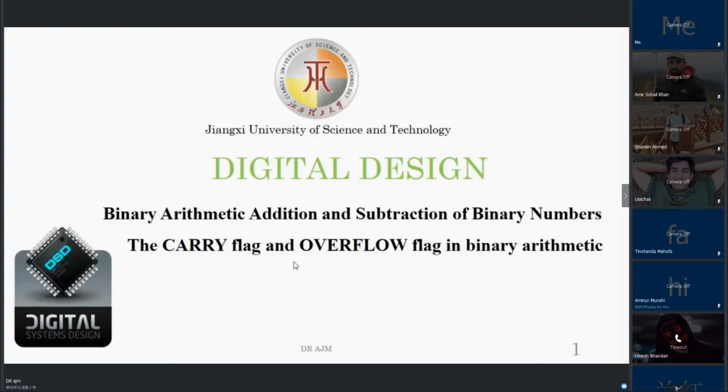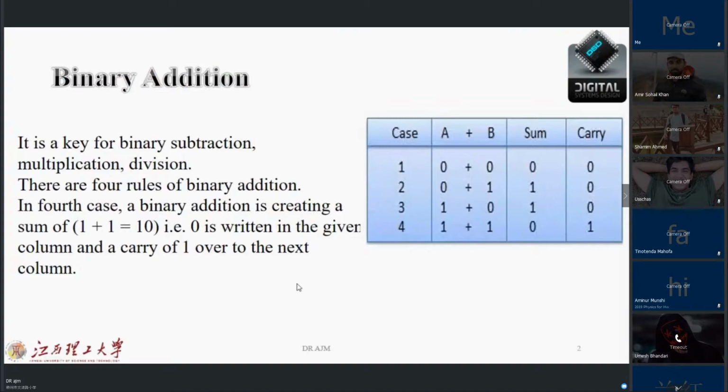Anyway, in binary addition, last time I told you that we have a similar table like this, and based on this table we can have the pattern or the route to do the arithmetic job.